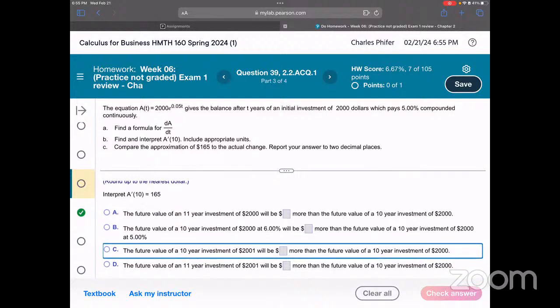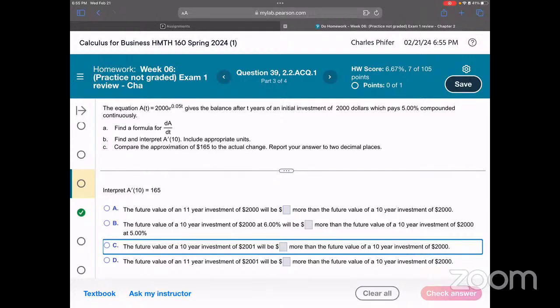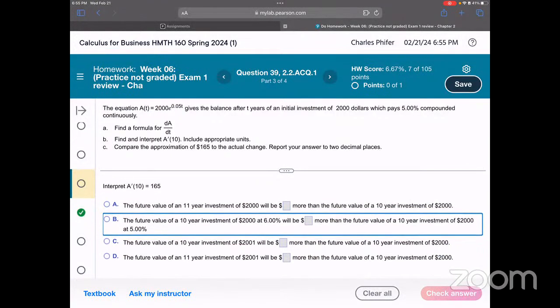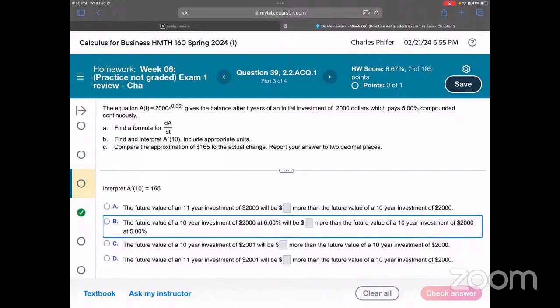The future value of a 10-year investment of $2,000 at, is it 6%? It's 5%, so it can't be B. It's not A because we're not talking about 11 years, so it should be C. The future value of a 10-year investment of $2,001 will be $165 more than the future value of a 10-year investment of $2,000.